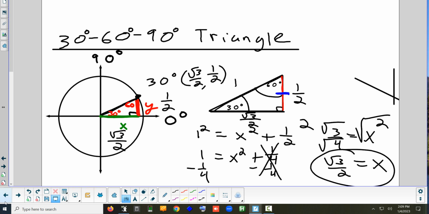So now that we know that, we can really figure out the 60-degree angle pretty easy. So here's your coordinate for 30. 60 would be more up there. Let me draw the triangle for 60.